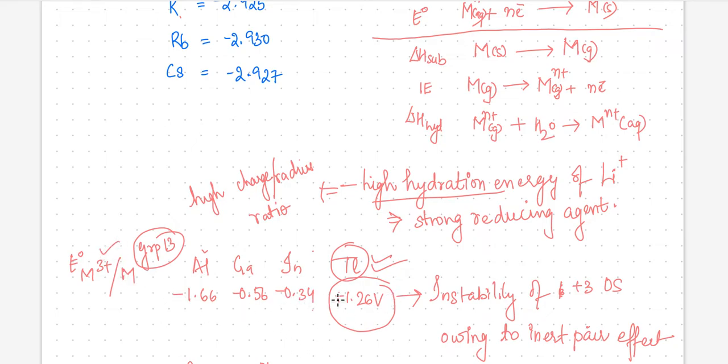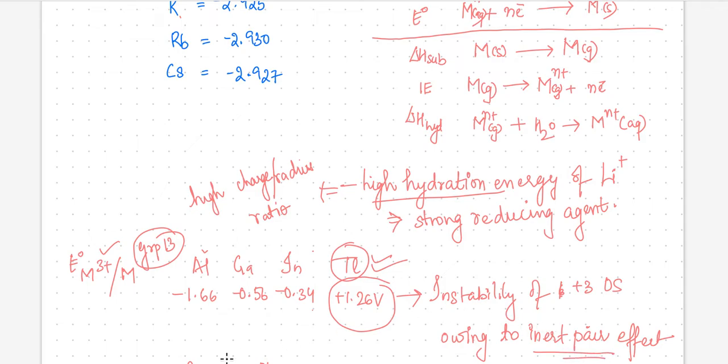Because you expect the negative value to increase as you go down the group, since the metallic character increases down the group. But still, what you see here is the negative value is decreasing, and it's almost becoming positive in the case of thallium. To explain this, we need to understand what is called the inert pair effect.